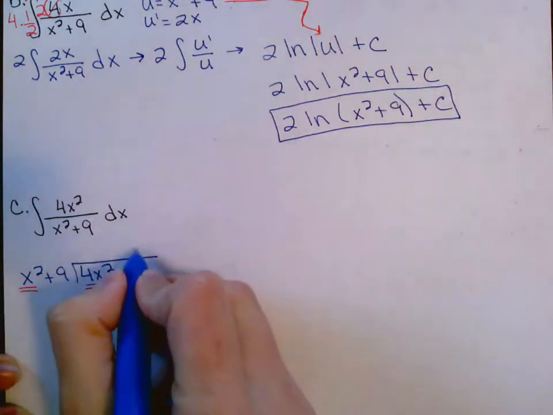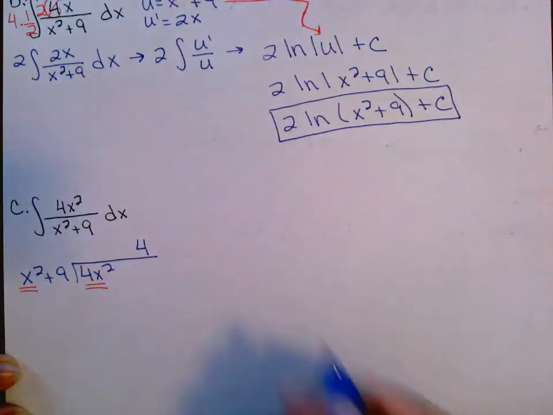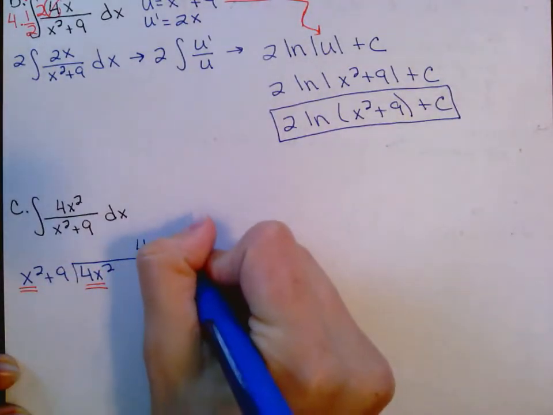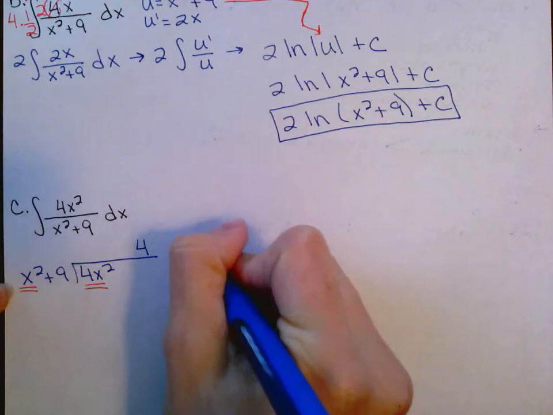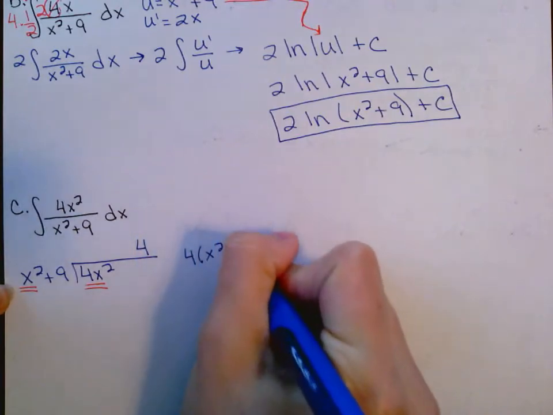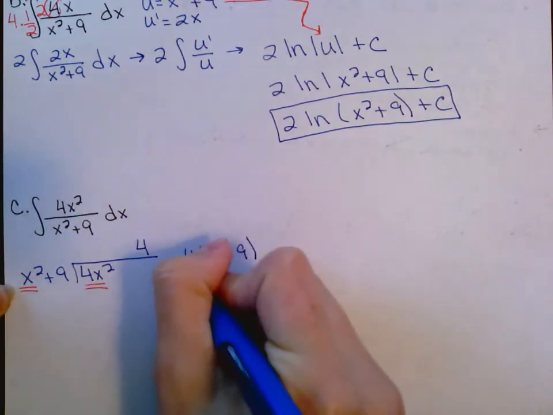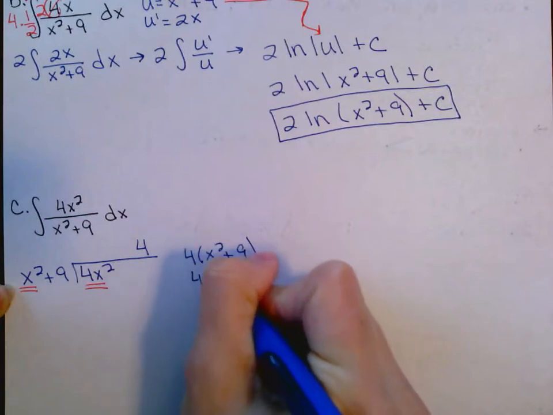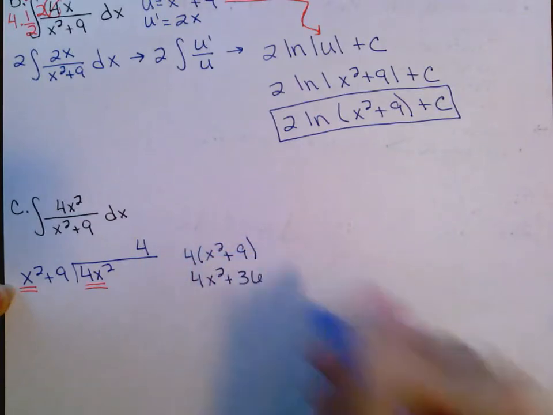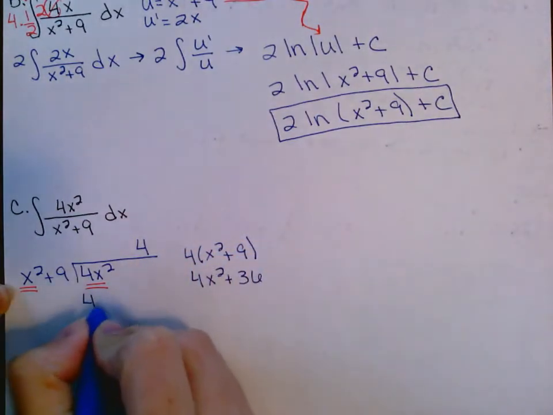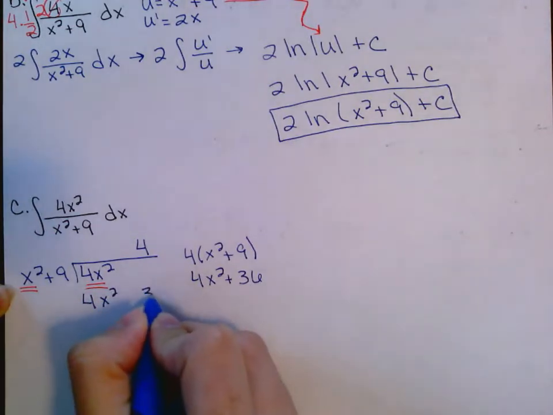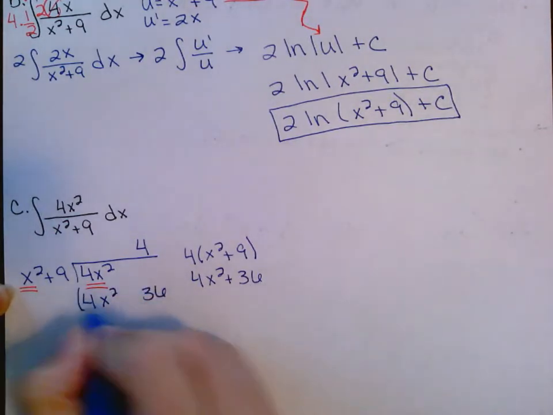Well, I only need to multiply a 4. Okay, so I'm going to do it on the side. 4 times x squared plus 9 is going to give me a 4x squared plus 36. Okay, so I have 4x squared and a positive 36.